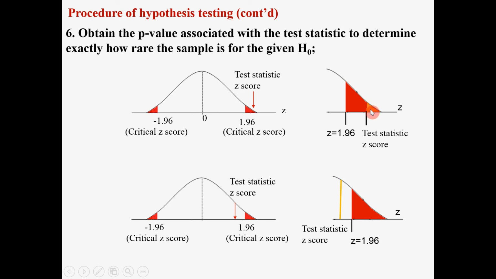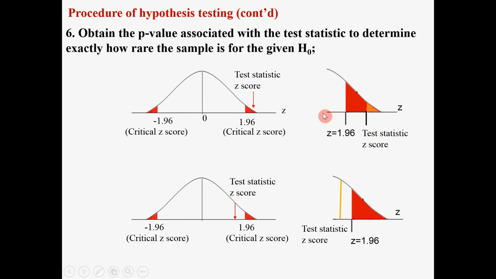The size of this corner may be small, 0.5%, 0.3%. So we like to use the size of this corner to calculate a p-value. So p-value is a probability number that is associated with the size of this corner. This corner is cut off by the test statistic z-score.